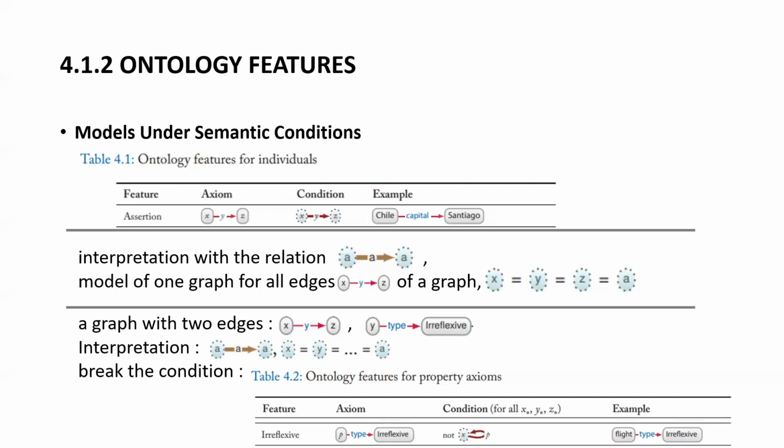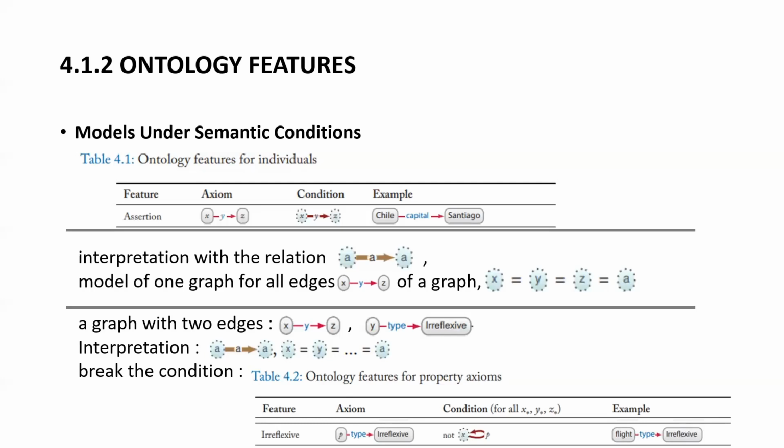Finally, as we add axioms with their associated conditions to the graph, we restrict models for the graph. For example, considering a graph with two edges xyz and y type reflexive, the above interpretation using AAA, x equal y equal ellipsis equal a, is no longer a graph model.